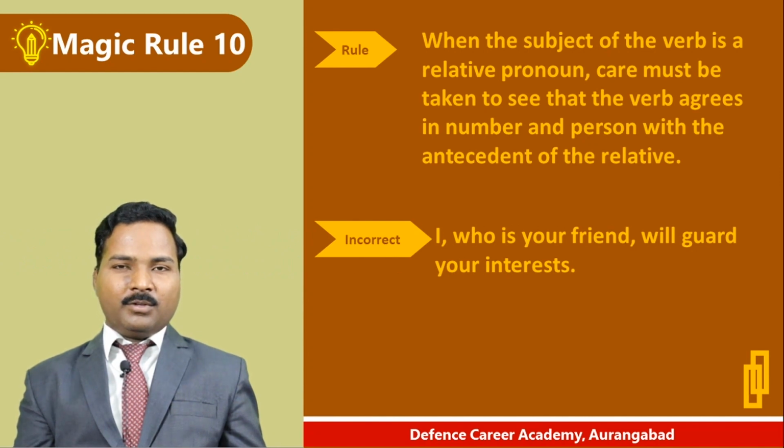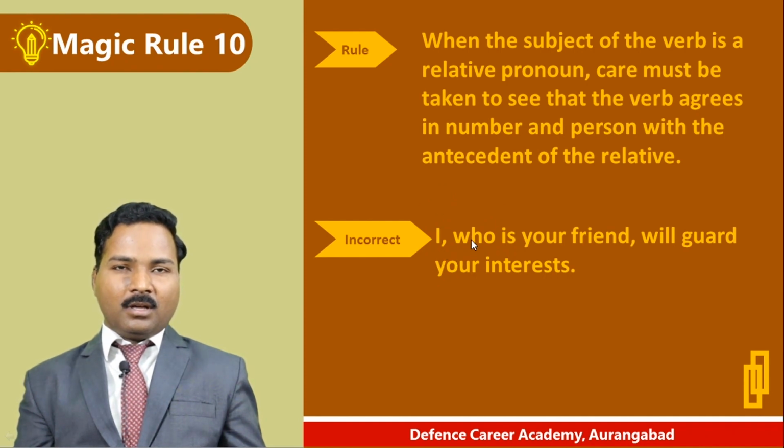Here in this example, you can see that "who" is the relative pronoun, and this pronoun is the subject of this verb "is." This pronoun is referring to "I," a personal pronoun which is used as an antecedent of this relative pronoun.